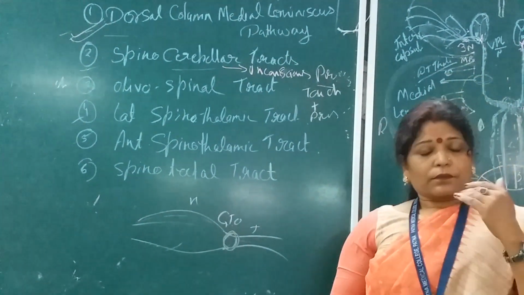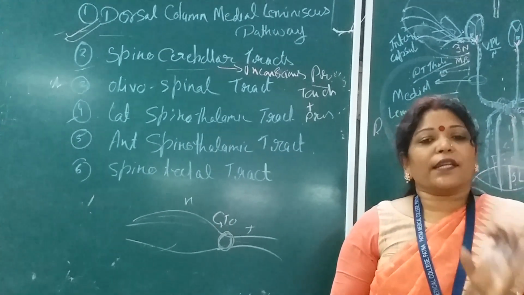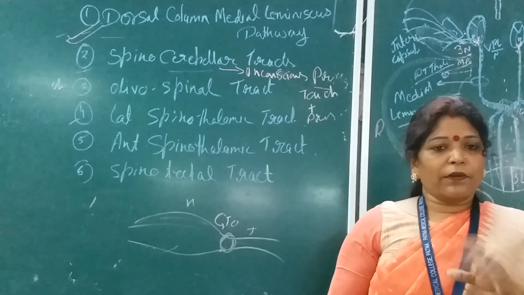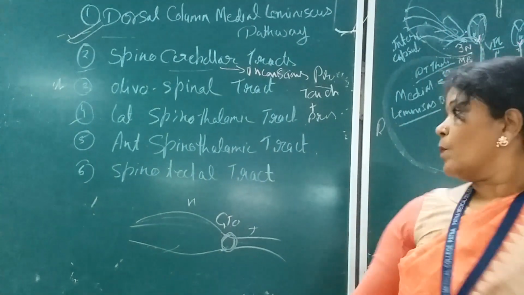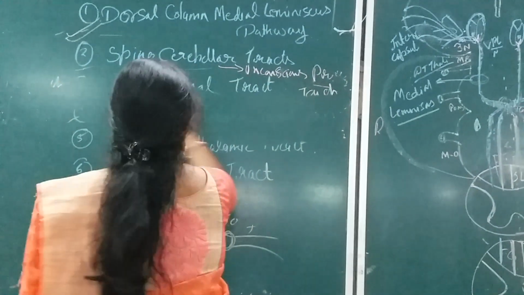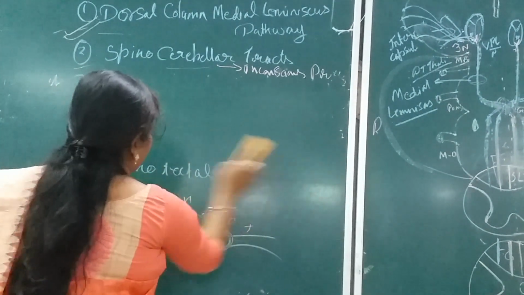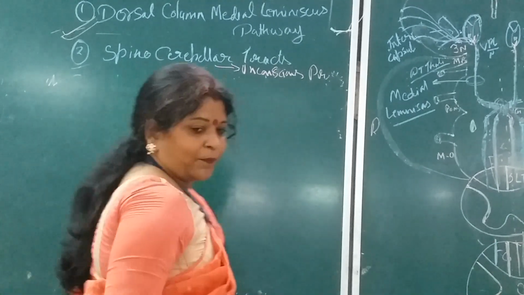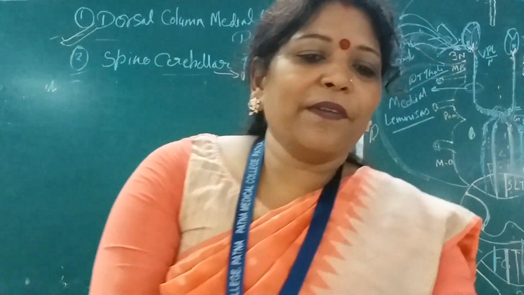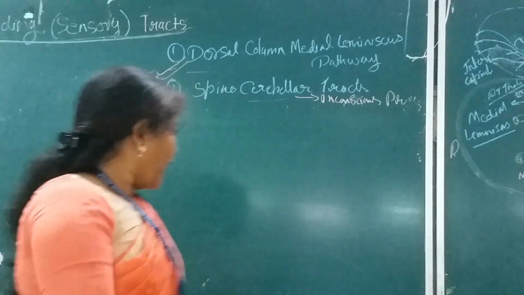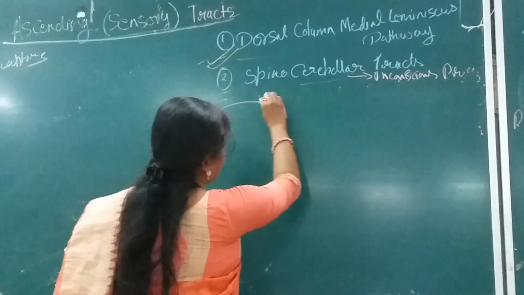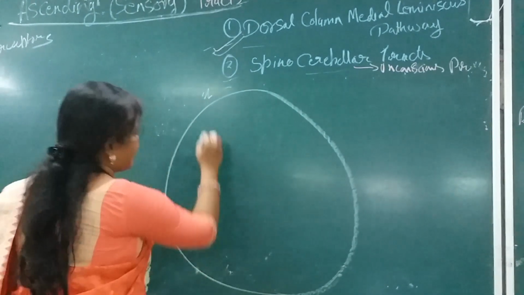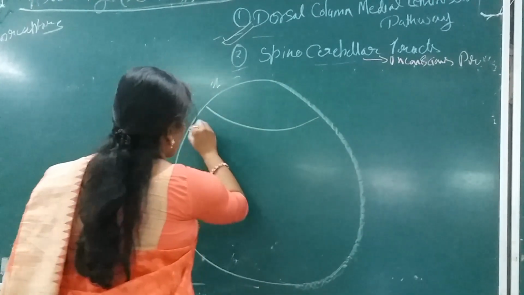So this tract is very important. So one by one we will read this spinocerebellar tract here. In the previous class, in the white column, we have seen what is the position of the spinocerebellar tract, isn't it? So, look here.